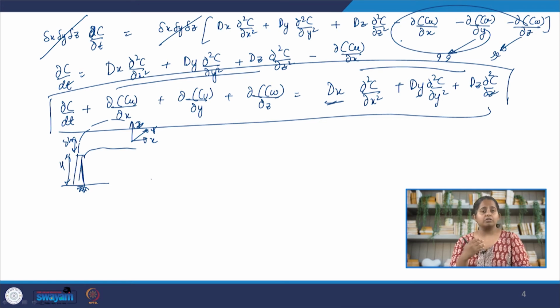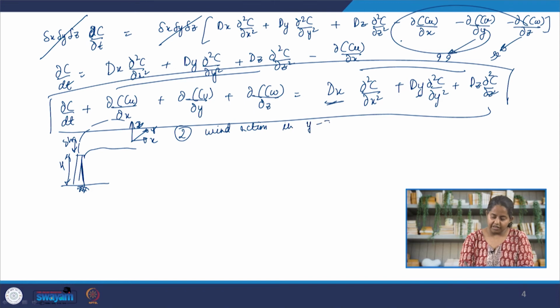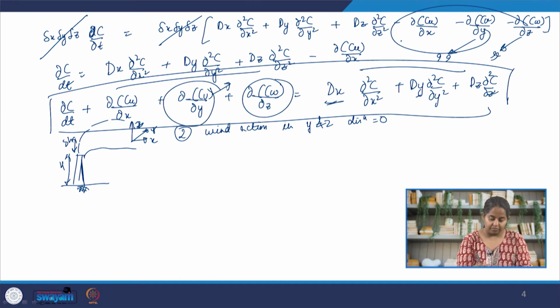The movement of wind is also affected by obstructions to the movement of wind. So, this is just an assumption. So, the next assumption after assuming that diffusivity constants are constant in the direction, is that wind action in y and z is 0. Bulk action due to wind in y and z direction is 0. So, right here right away these two terms will become 0.